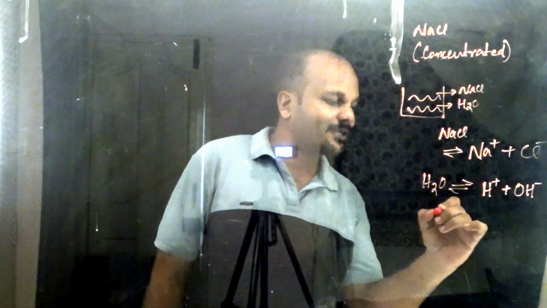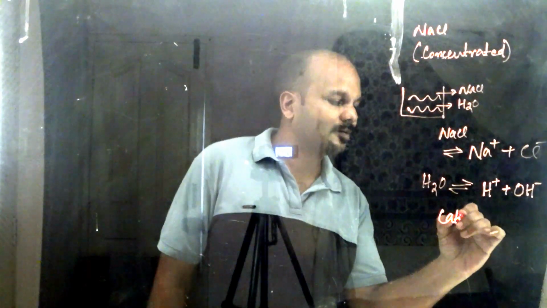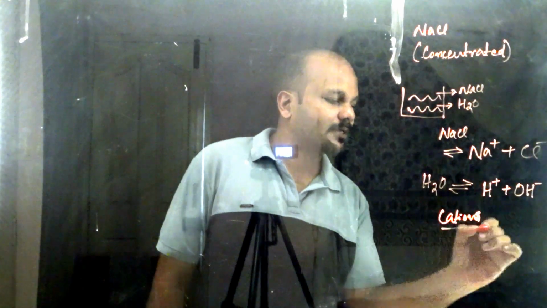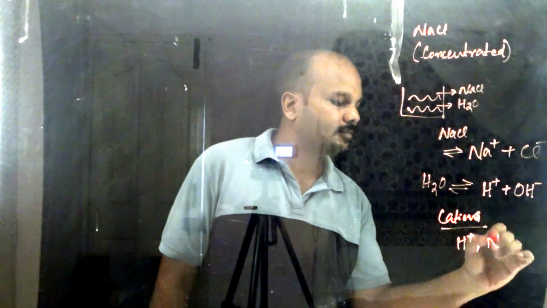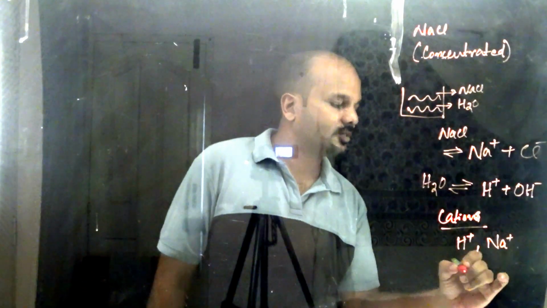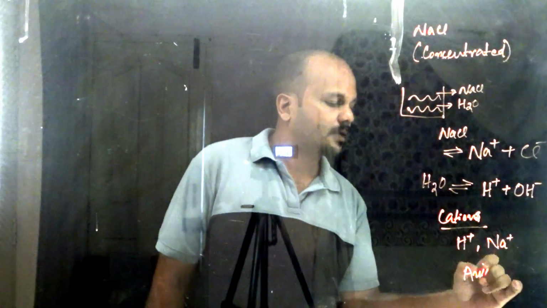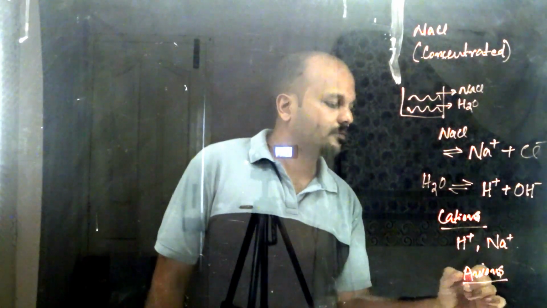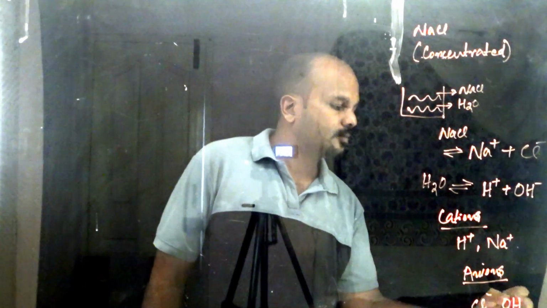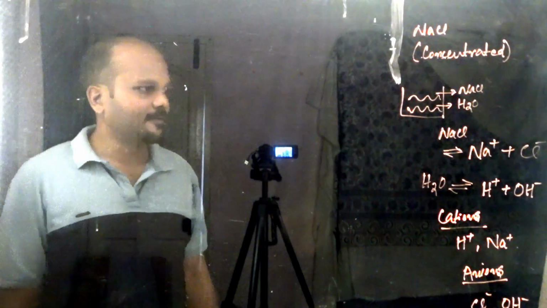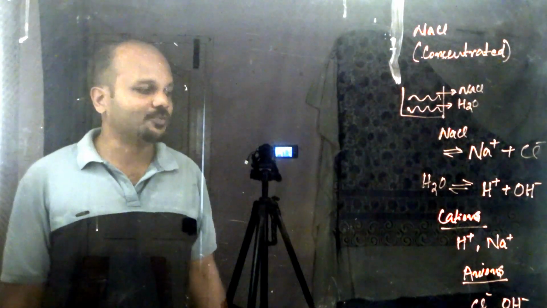The cations are H plus and Na plus. The anions are Cl minus and OH minus.